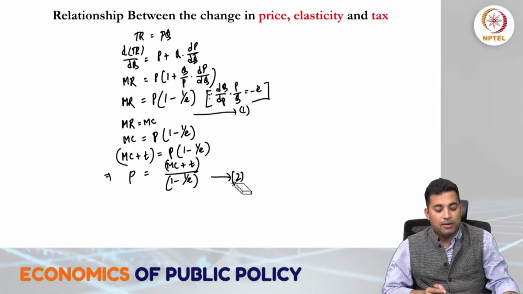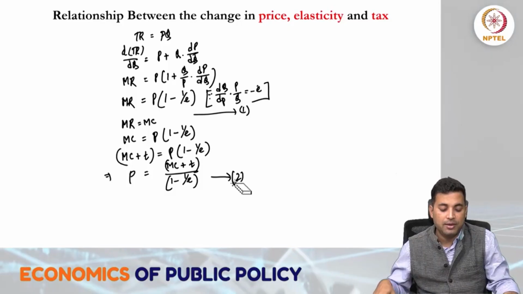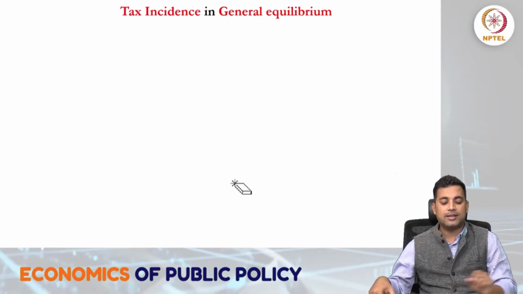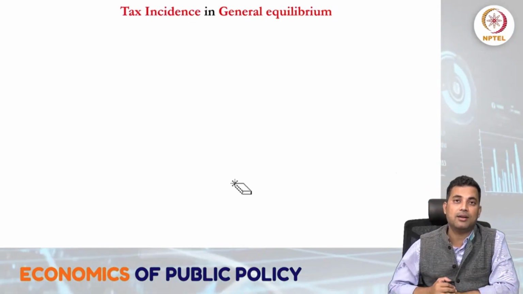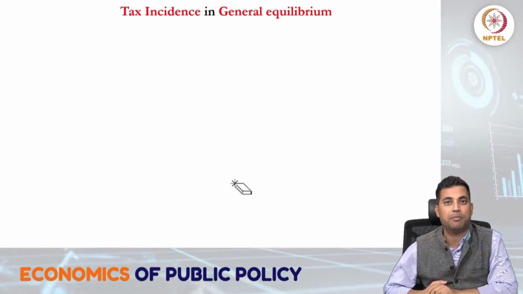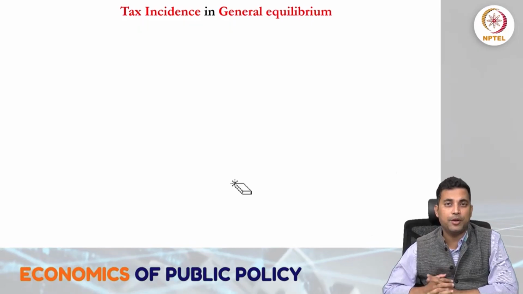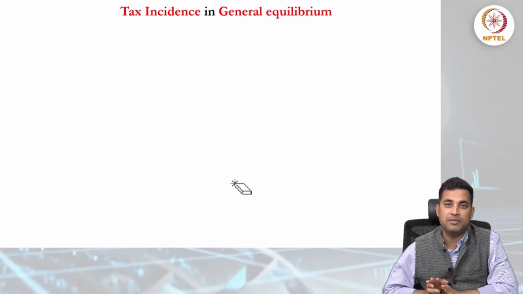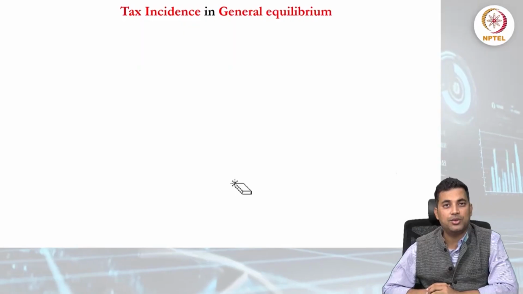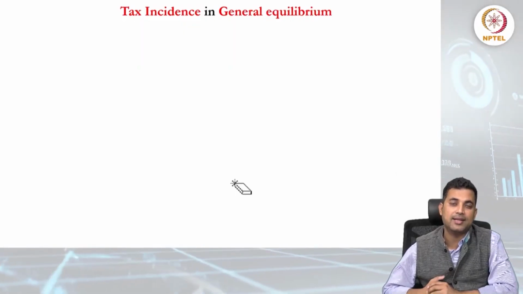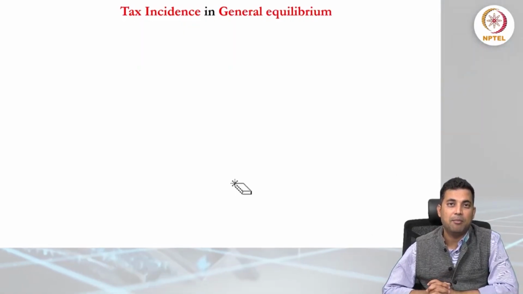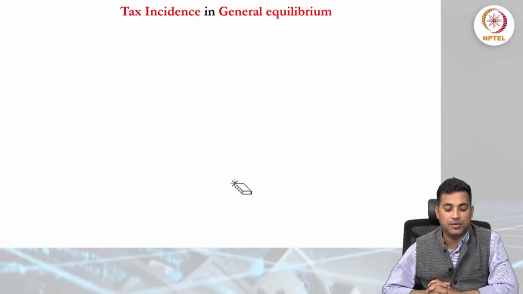Now, to move forward, what is tax incidence in the context of general equilibrium? In one of our previous lectures we discussed the difference between partial equilibrium and general equilibrium.